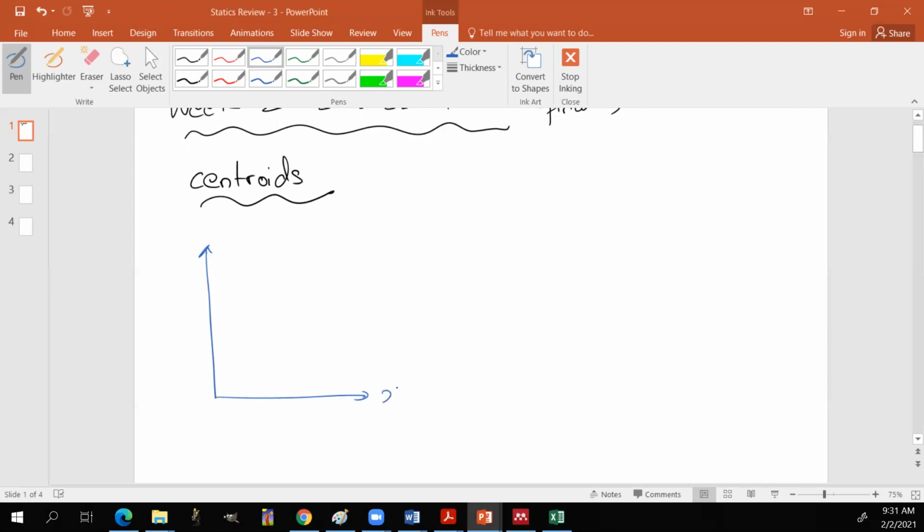And let's say that there is some plate on there, which has the dimensions such that, defining the dimensions in terms of the coordinate system, say it's b in the X direction and h in the Y direction. So now we want to find the location of the centroid, which is where the center of the mass acts from, right?